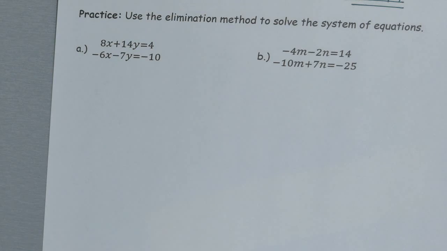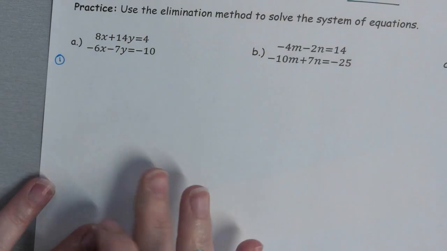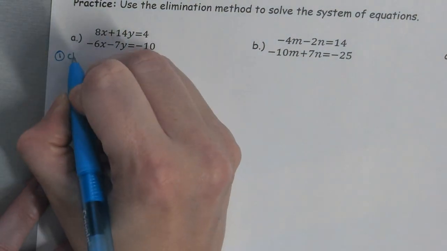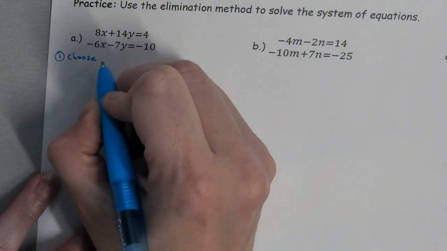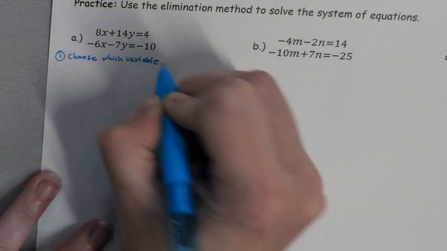Okay. In addition to doing the process for A together, I'm going to write out the steps so you can go back and see exactly what we did. So the first thing we're doing is choosing which variable to eliminate.